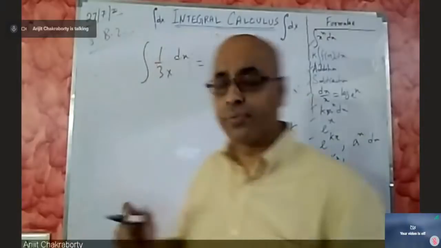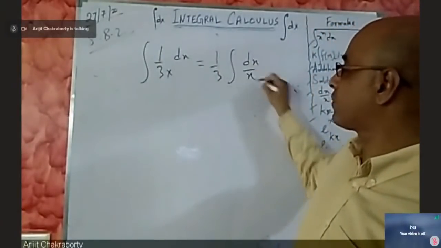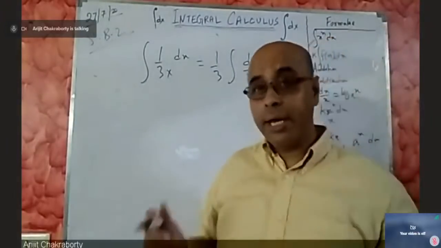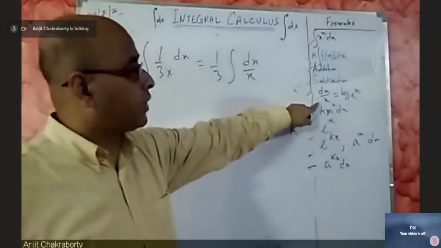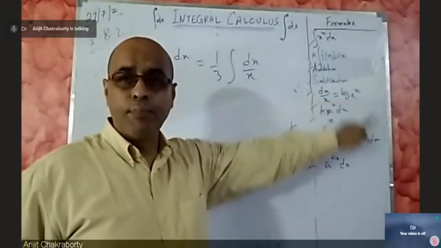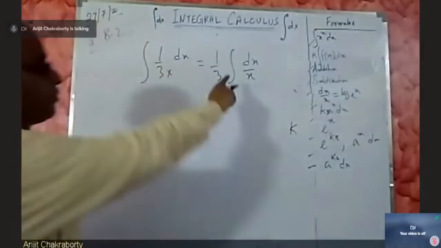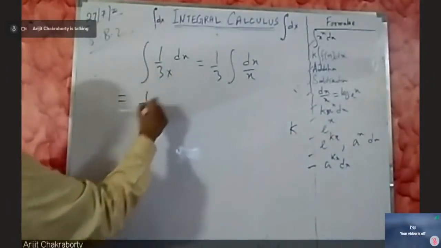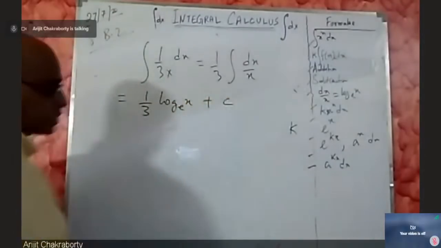So I write 1/3 into dx by x. Now dx by x we know is equal to log x, we have done that. It is equal to log x to the base e. Therefore this becomes 1/3 log x to the base e plus constant c.